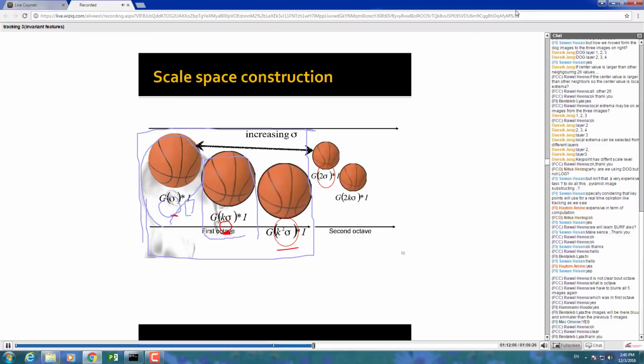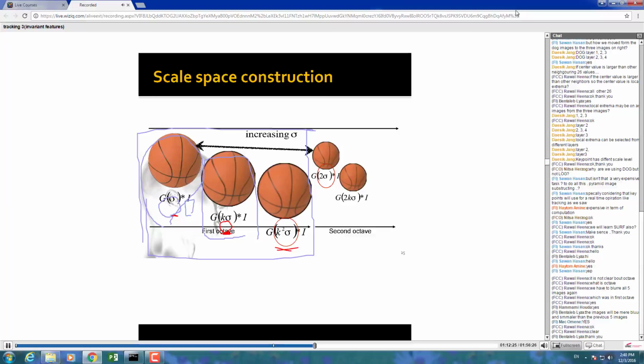For the first image, we start with just sigma. For the second image, multiply K one time. For the third image, multiply K one more.